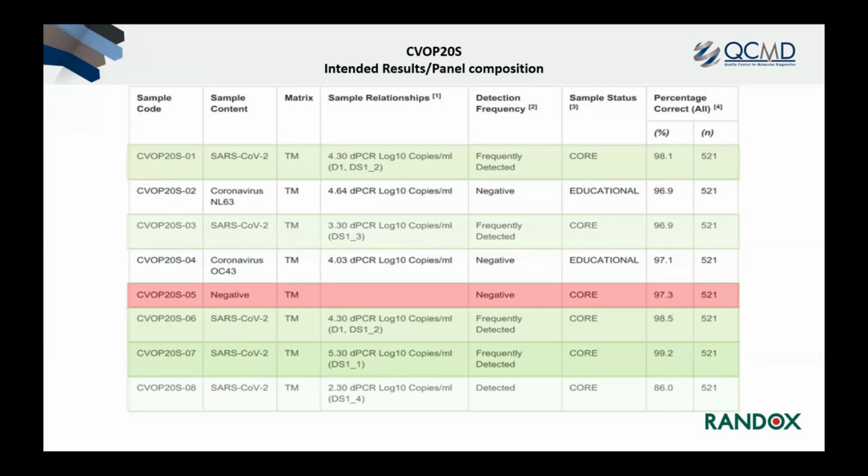There was some lower performance on the non-SARS coronavirus types that were included in the panel. In this first panel, we included NL63 and OC43, which shows that some assays had some issues with specificity. There also were some specificity issues in the true negative sample.